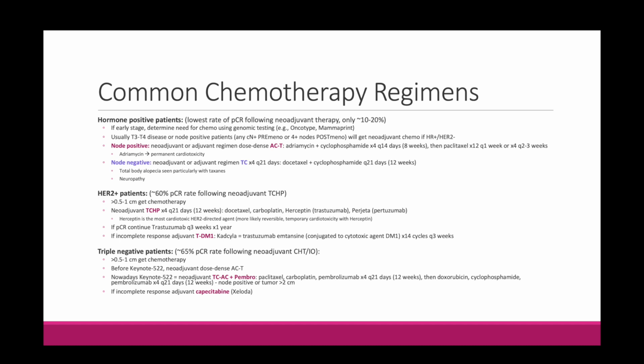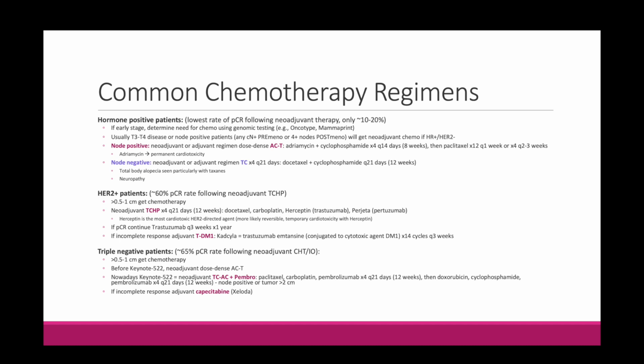Remember that the chemotherapy kind of depends on whether they're hormone positive, HER2 positive, or if they're triple negative. The special targeted agents that we add for HER2 positive patients are the trastuzumab Perjeta for HER2 and TDM1 in the adjuvant setting if they don't have a complete response. And for triple negative patients, we're starting to add immunotherapy with pembrolizumab or Keytruda, which is a PD-L1 inhibitor.